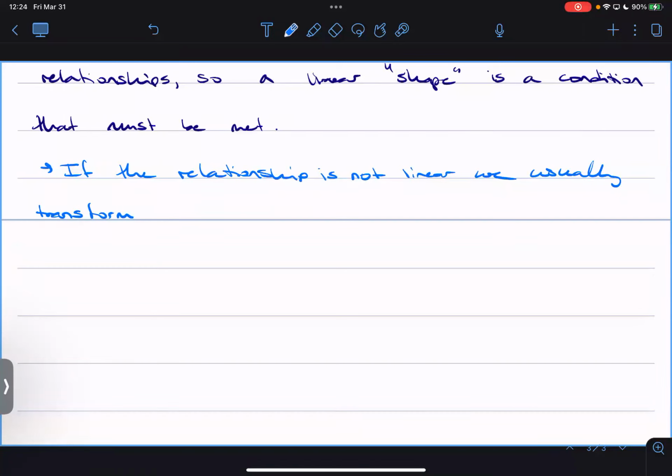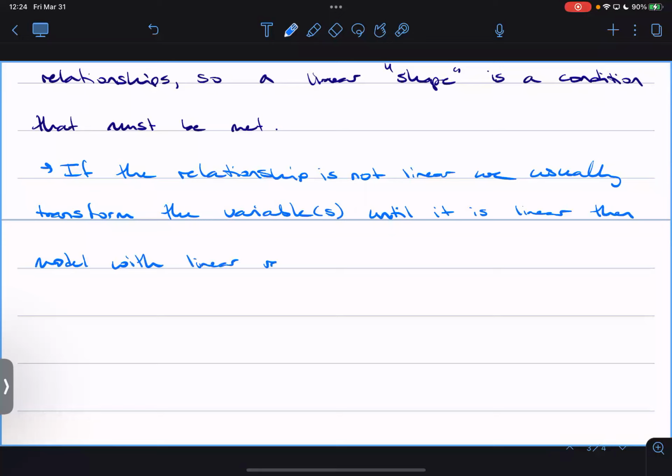If the relationship is not linear, we usually transform the variables, potentially both, until it is linear, then model with linear regression. But then you have to transform it back for your interpretation. So it does have that added element.